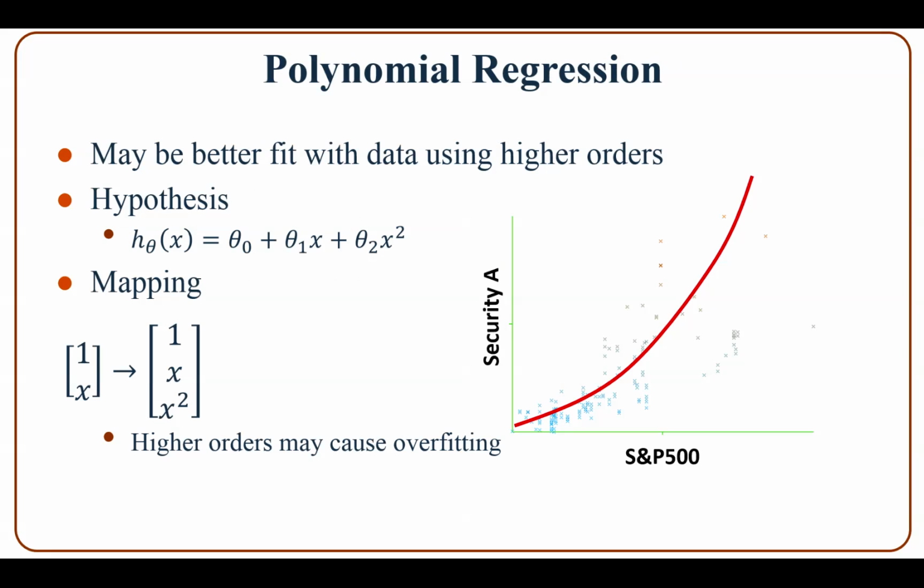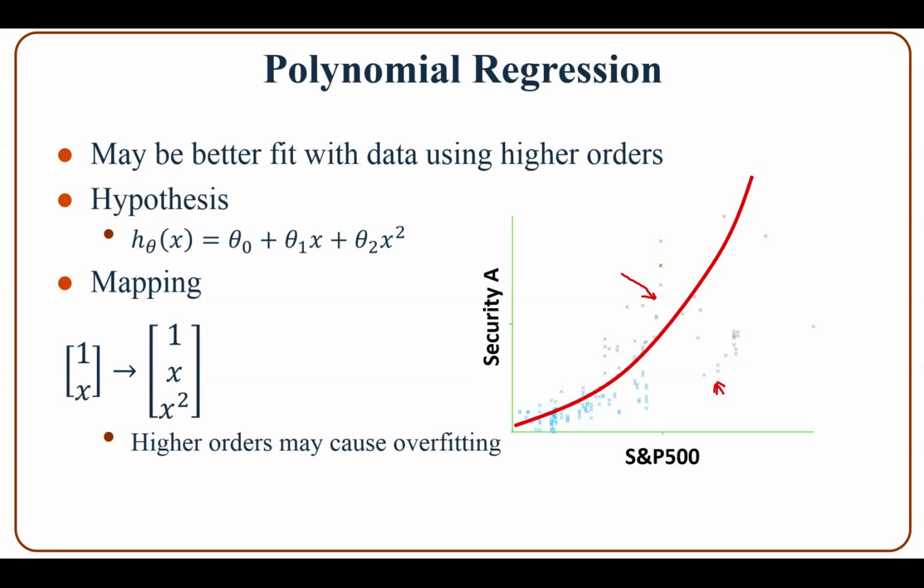Sometimes it may be better to fit data using higher orders. So this is a case of polynomial regression. Looking at the data, the problem that we saw previously with S&P 500 and the CQTA, it looks like if we fit using second order, it may be better.